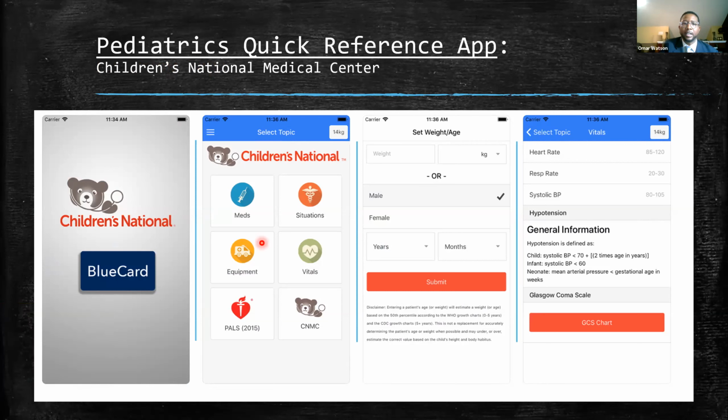You go in and it gives you different options: situations, medications, equipment, and what you need. On the next page, you can put in the weight. You can change this to pounds if you like, and put in some of the information, and it will give you a readout of what their heart rate and respiratory rate could be, and any medications that you need to use and whatnot.